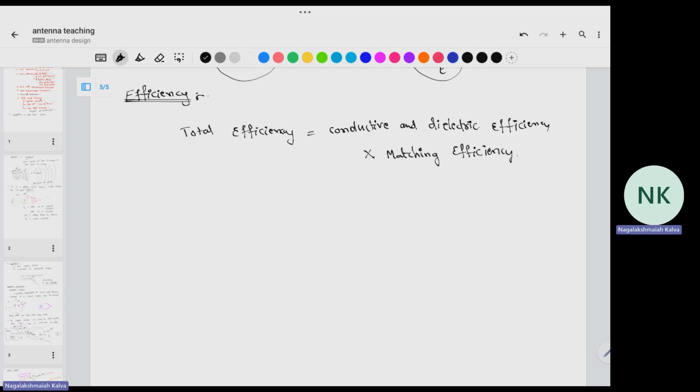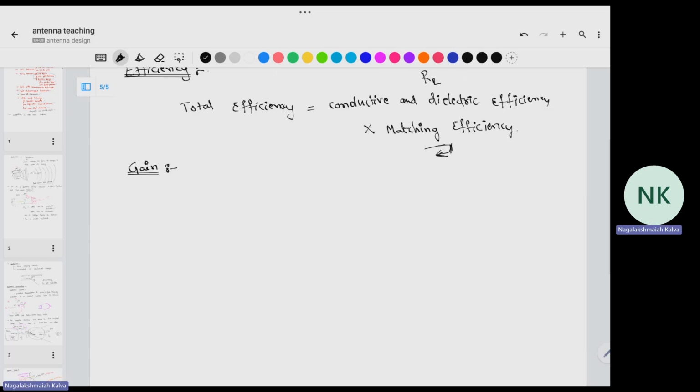In the antenna equivalent representation, we have given two terms, RL and this mismatch, which is like reflection. Based upon these two things, we can define one more term which is important for your antenna, which is gain.